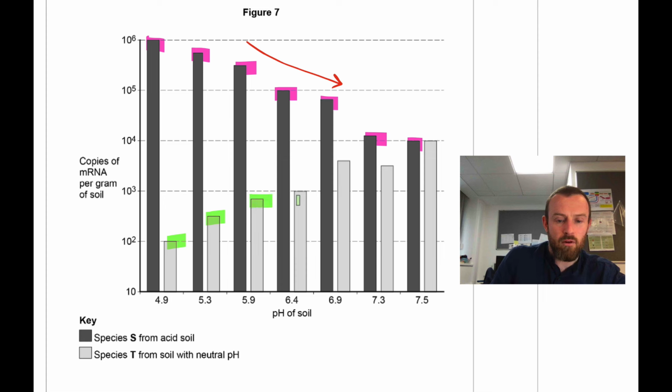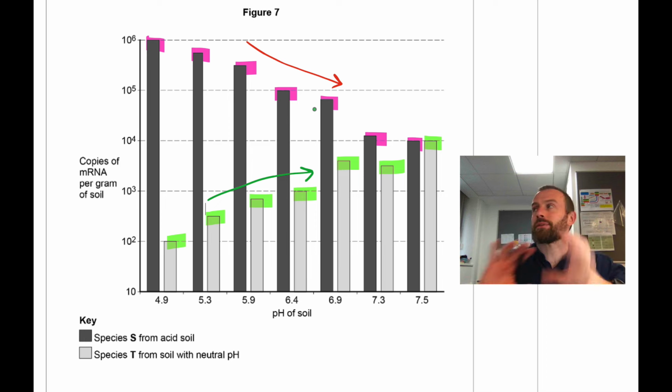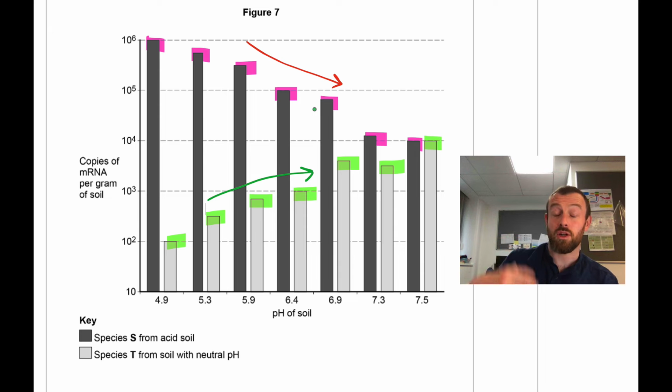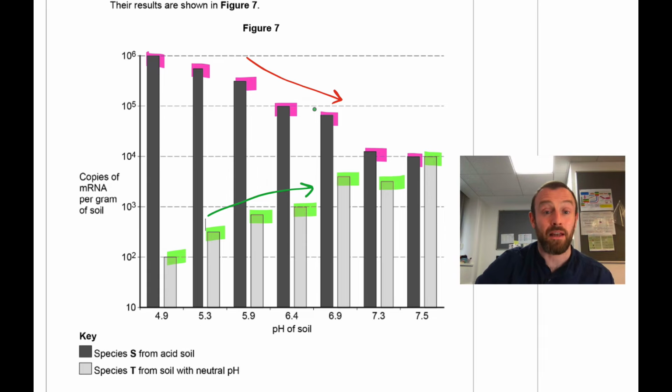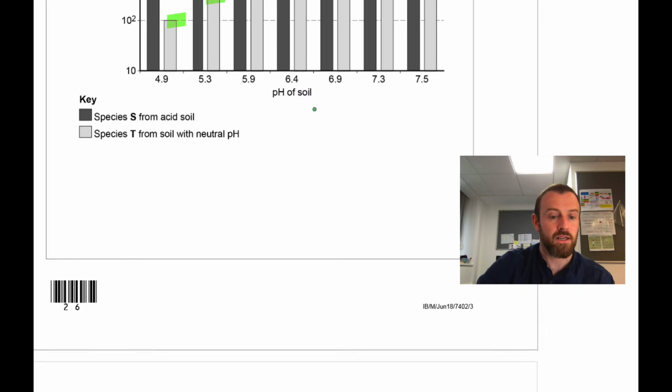And again, it's the mRNA that is increasing. Now, this is weird because if I was just guessing beforehand, I'd be thinking, okay, pH changes cause the enzyme to denature, but it seems to be something else. pH is actually affecting the transcription of the protein, not just its eventual functioning, whether it's denatured or not, if you see what I mean. So something is going on at the level of transcription. That's kind of strange.